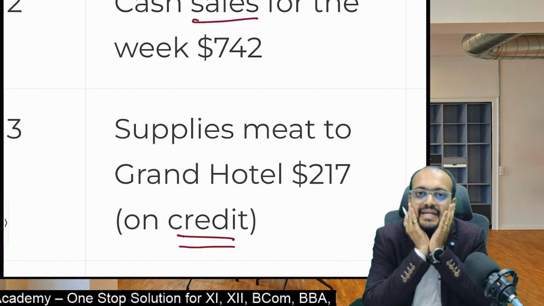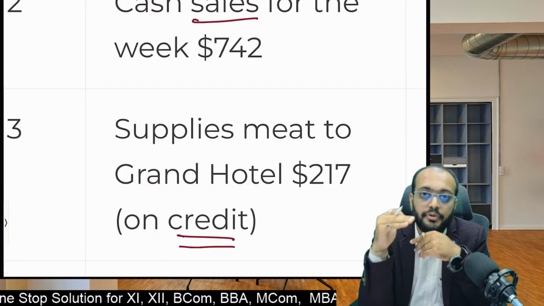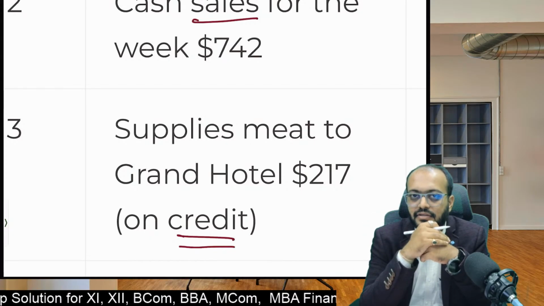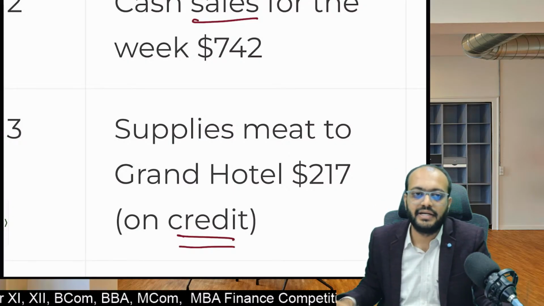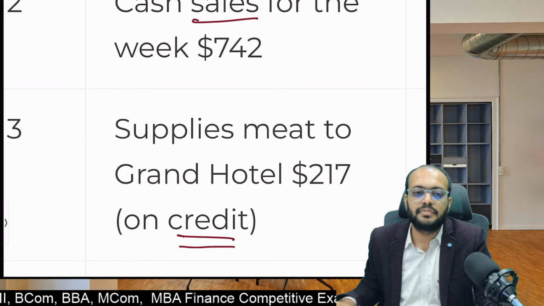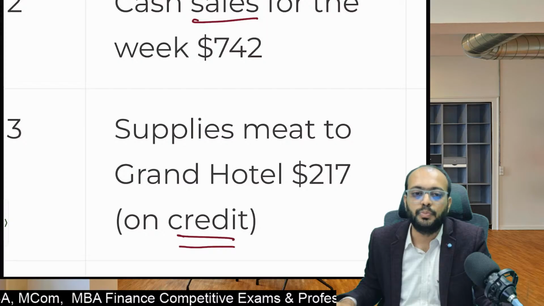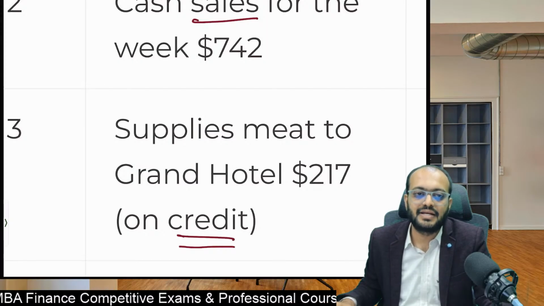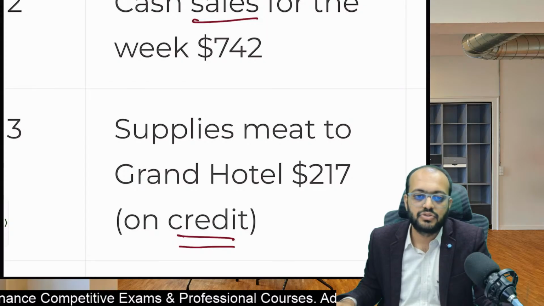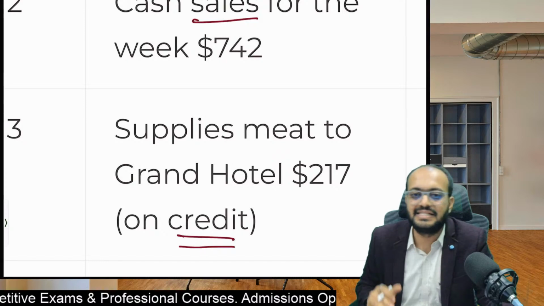So what is meant by debtor? A debtor means a person to whom we are selling the goods on credit. These are also known as trade debtors. Basically, trade debtors means simply the customer to whom we are selling the goods on credit. So these are our credit customers, known as trade debtors or trade receivables also.